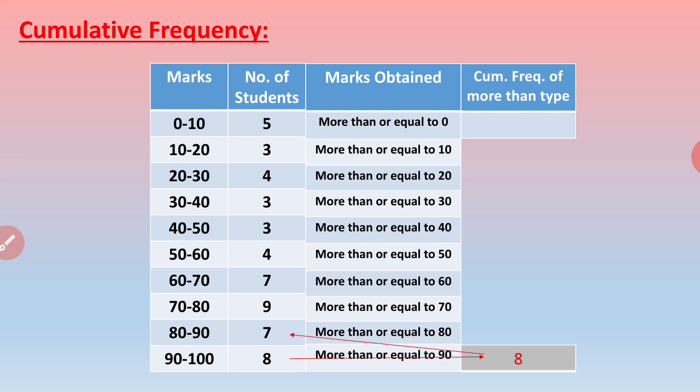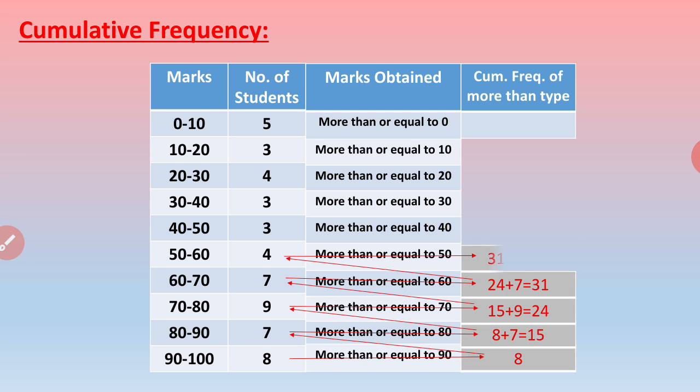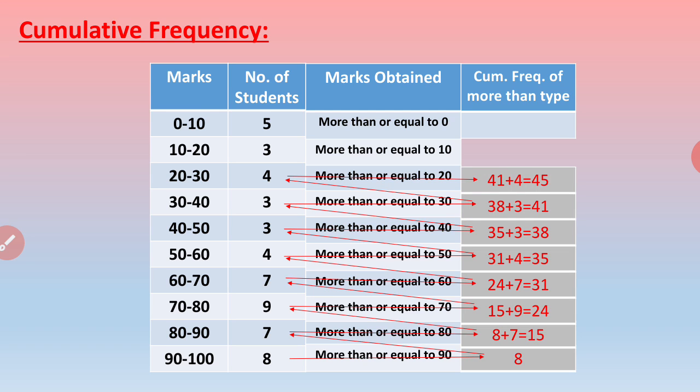Then 8 will be added to the next number, that is 7, and we get the answer as 15. This is again cumulative frequency of the more than type. Since it is cumulative frequency, you have to go on adding stepwise. So the next number is added, that is 9. You get the answer as 24, plus 7 gives you 31, plus 4, 35, plus 3, 38, plus 3, 41, plus 4, 45, plus 3, 48.